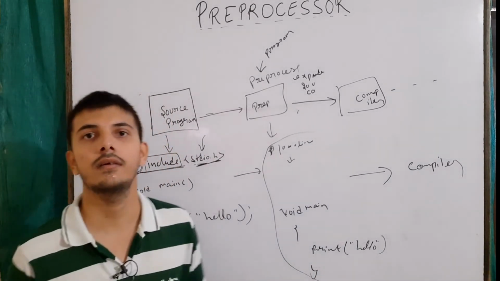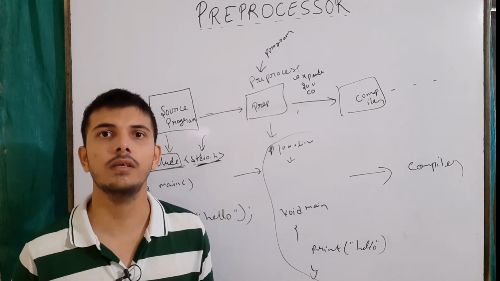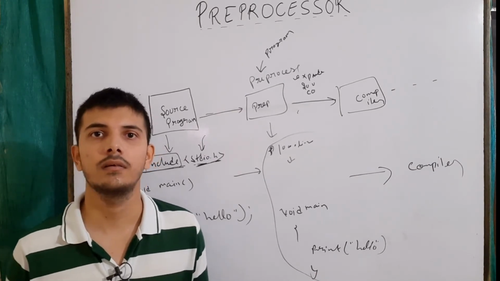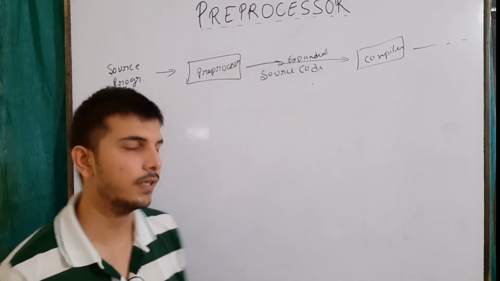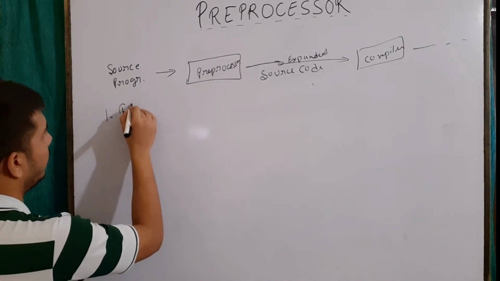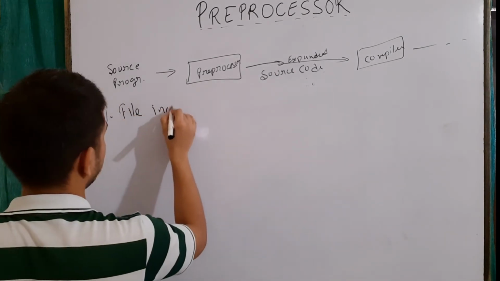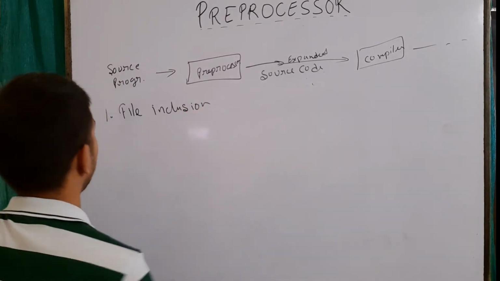Now there are various preprocessor directives. We will be looking at them one by one. So let's see the first one. Our first preprocessor directive is file inclusion, which we saw in our recent example.